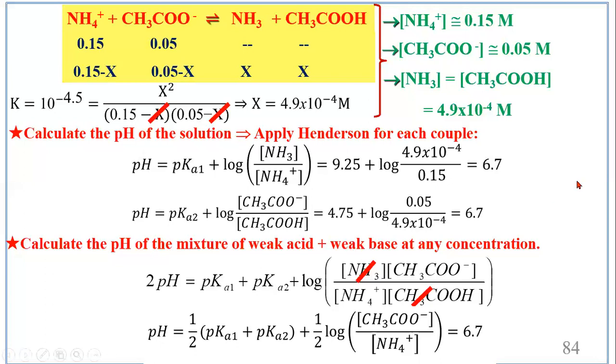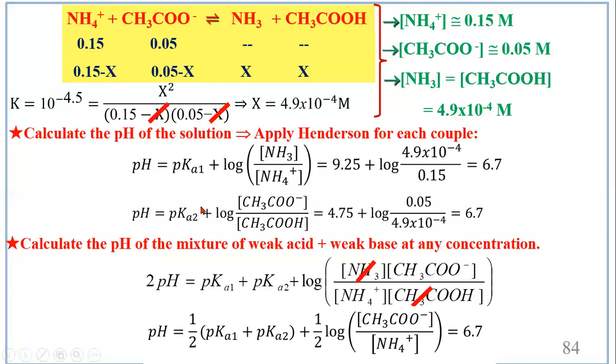Or, actually, no, that's not what I would do. If the products are the same, look how nice this reaction becomes. If the product concentration is the same, and here it is, and X is negligible, so when the K of the reaction is less than 10 to the minus 4, that means this X is negligible.